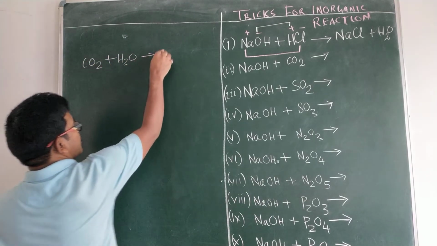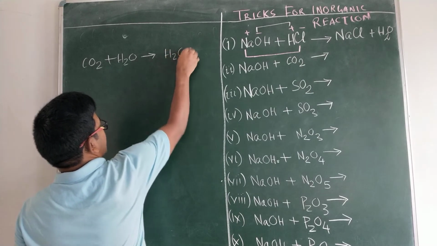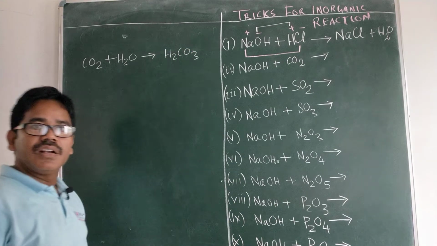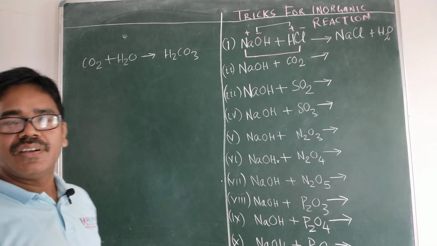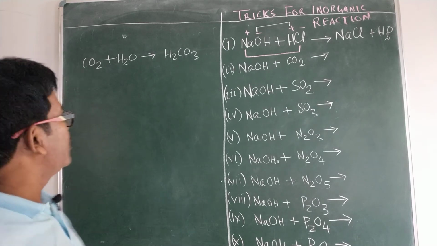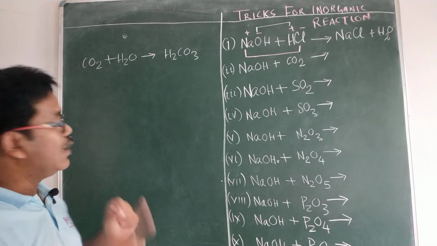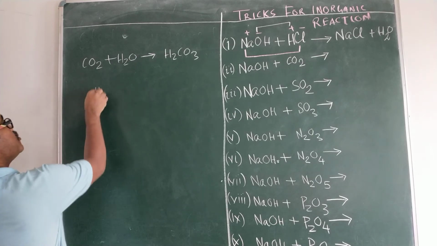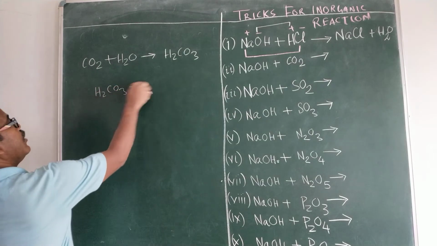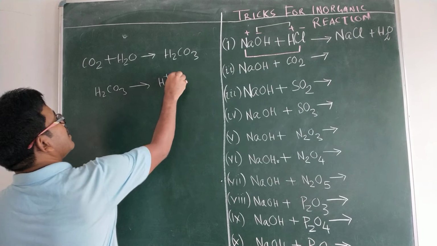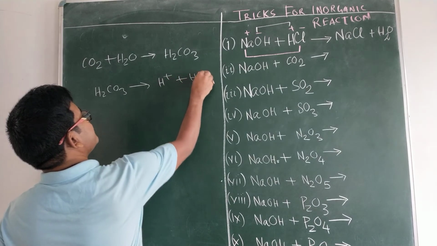This will give you H2CO3. Am I right? Carbon dioxide, simple addition of water. Carbon dioxide you dissolve in water, we are getting H2CO3. Now we know this H2CO3 can ionize as H plus and HCO3 minus.